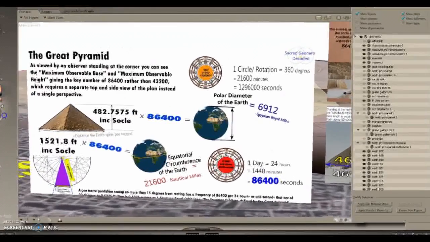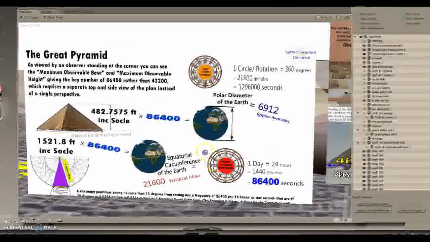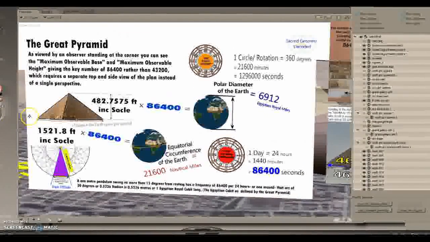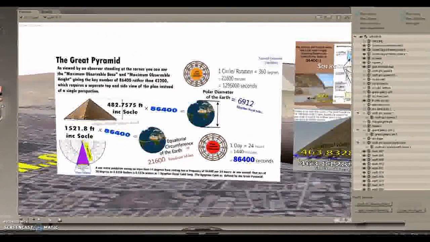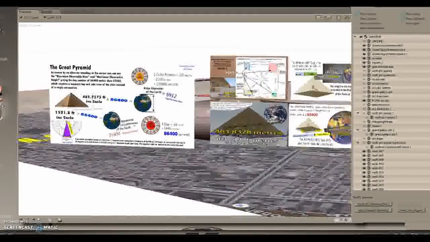And so 86,400 does describe the Earth, and it describes it in a much more elegant way because we don't have to use a top view and a side view. And the 43,200 model is a half Earth representation. So it's like half a day, half a night, or half the Earth. So that's one of it.